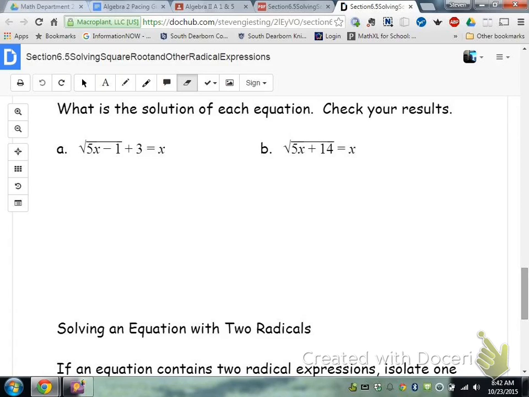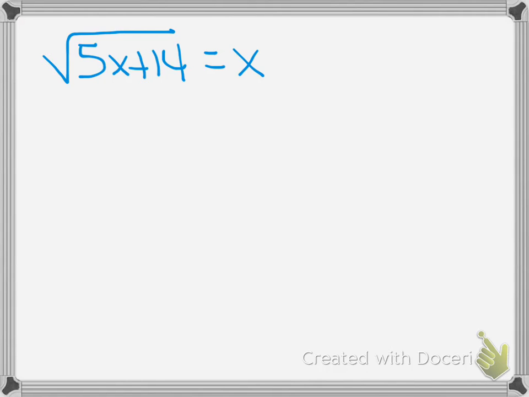All right, take a look at our last example. That is the square root of 5x plus 14 equals x. And again, I'm going to put that on a new sheet for myself. A little simpler this time because there's nothing outside the radical.